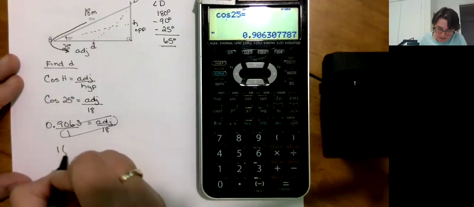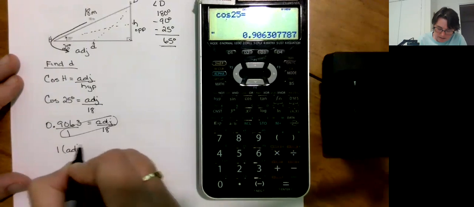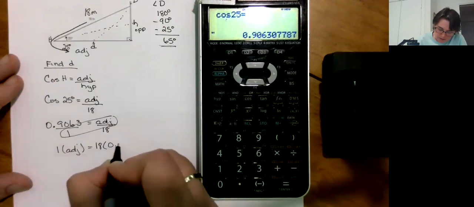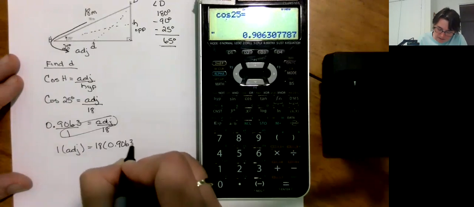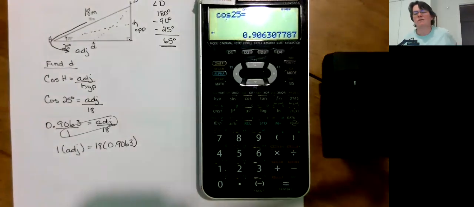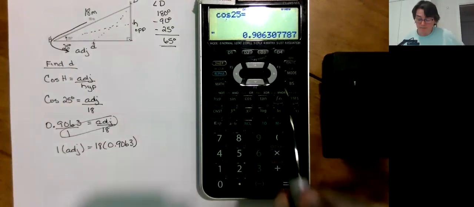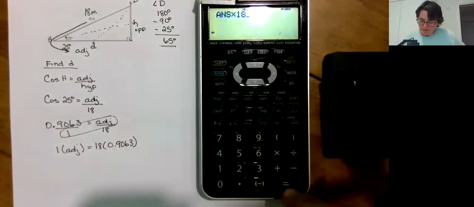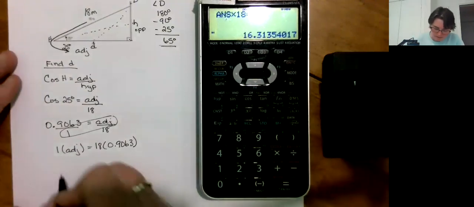So 1 times adjacent is 18 times 0.9063. If you put the 0.9 first and then the 18, that's fine. Now, this is me being lazy. I still have that number sitting there, and I can just multiply it by 18, and tickety-boo, there's my answer.